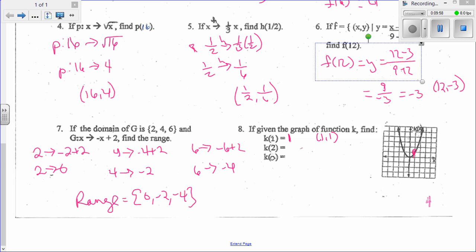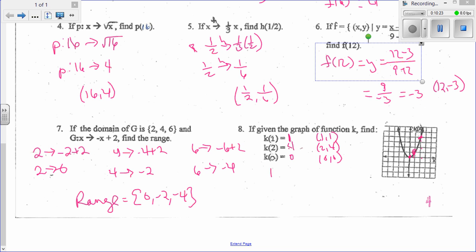If x is 2, my y value is 1, 2, 3, 4. So that would give me the point 2, 4 on the graph. If x is 0, well, my y value is also 0. So I would have the point 0, 0.